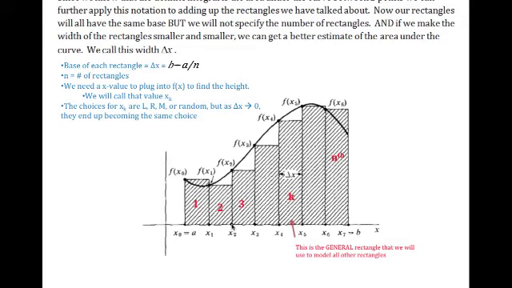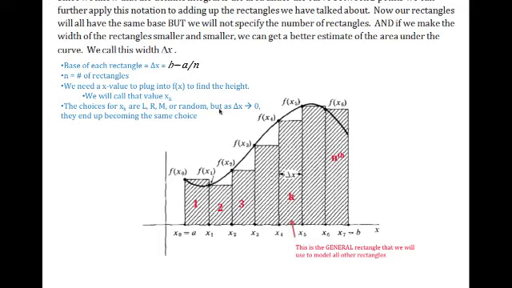Your choices are the left endpoint, so that would be this one. The right endpoint, that would be this one. A midpoint, right there. Or some point randomly along this line. Now I know it looks like we're picking the left because I'm touching the left here. But again, this is representative, and I could change the shape of these rectangles and make them skinnier or move them around.